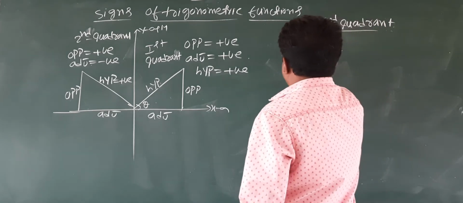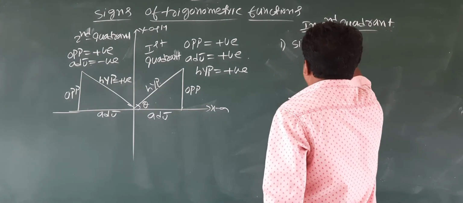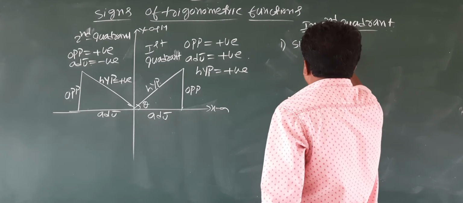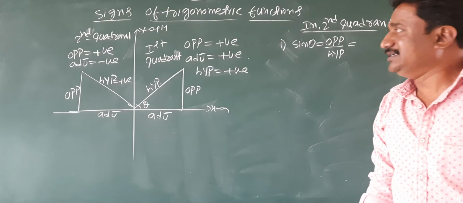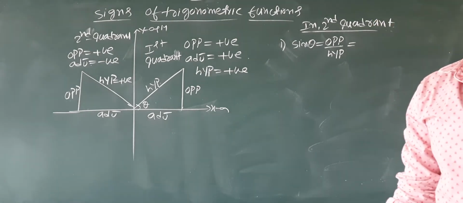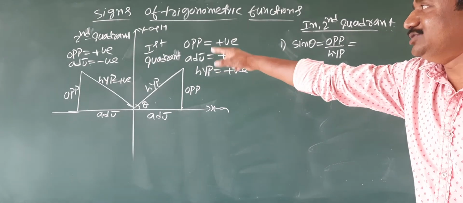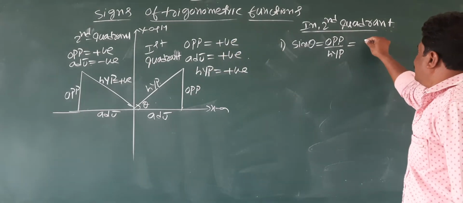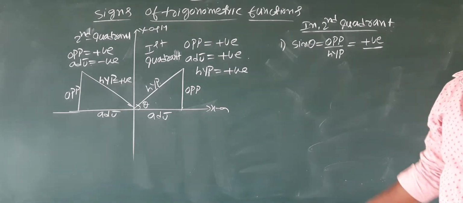Sin theta, as usual, is opposite side by hypotenuse. So tell me, is the opposite side a positive or negative value? The length of the opposite side is positive. Hypotenuse is always positive.